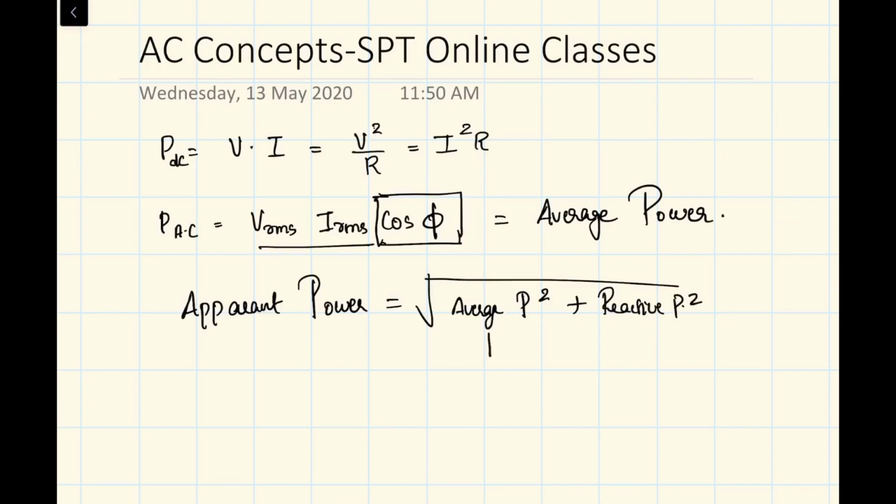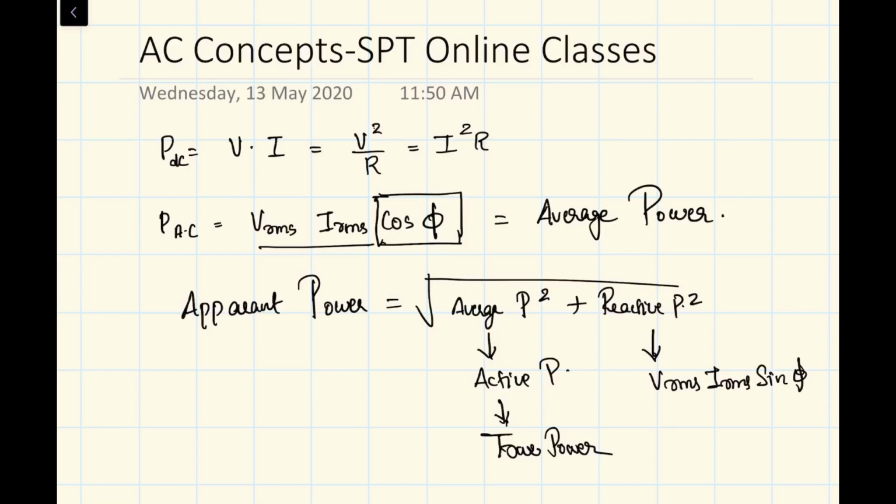Average power is also called active power. It's also called true power. So there are different terms for average power, active power and true power, and reactive power is what we call the Vrms Irms sin phi term.